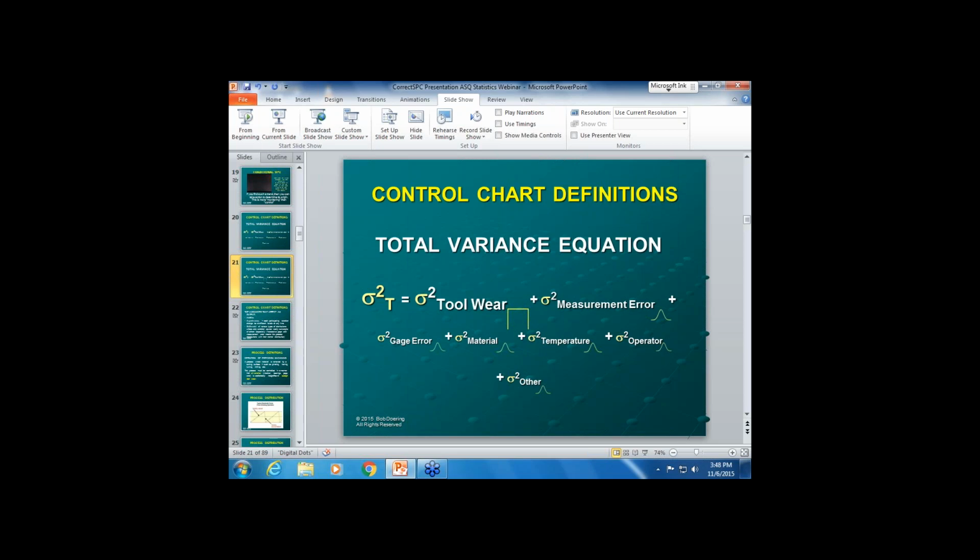Somebody once asked me, how do you do short-term SPC? And I'll tell you what, in machining, there's no such thing. And I'll tell you why. What are you trying to do with SPC? You're trying to find a special cause, right?